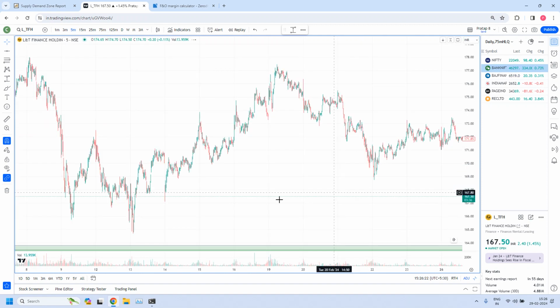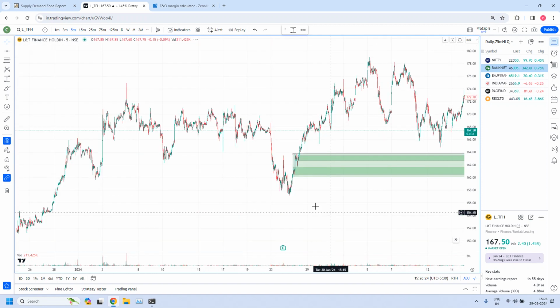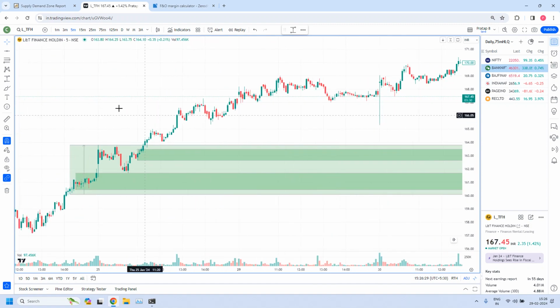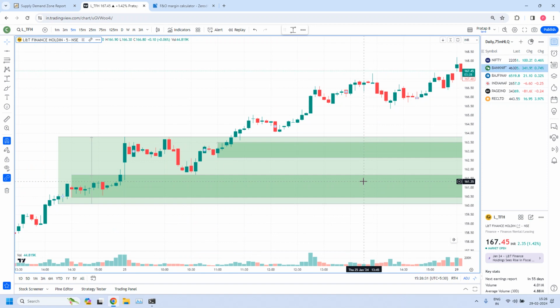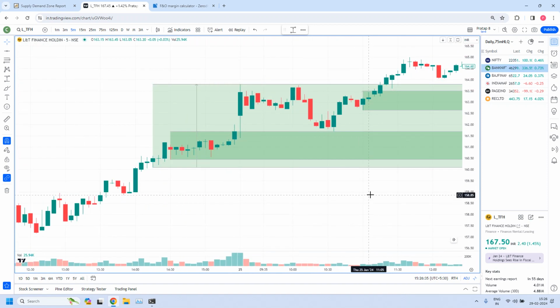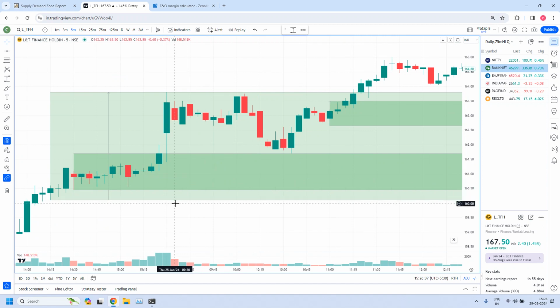So let me go to the 5-minute time frame. Here we have a drop, 3 base candles and a rally candle.